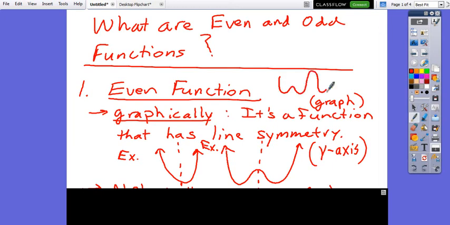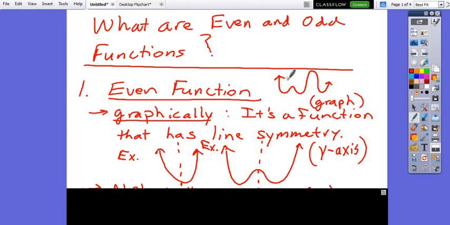Do both of those ends face up? Yes, but it's not an even function because you can't cut that in half to make mirror images. So this is not an even function, even though both sides face up. But it's a good clue to look for, because every even function will have both sides facing in the same direction, whether down or up.